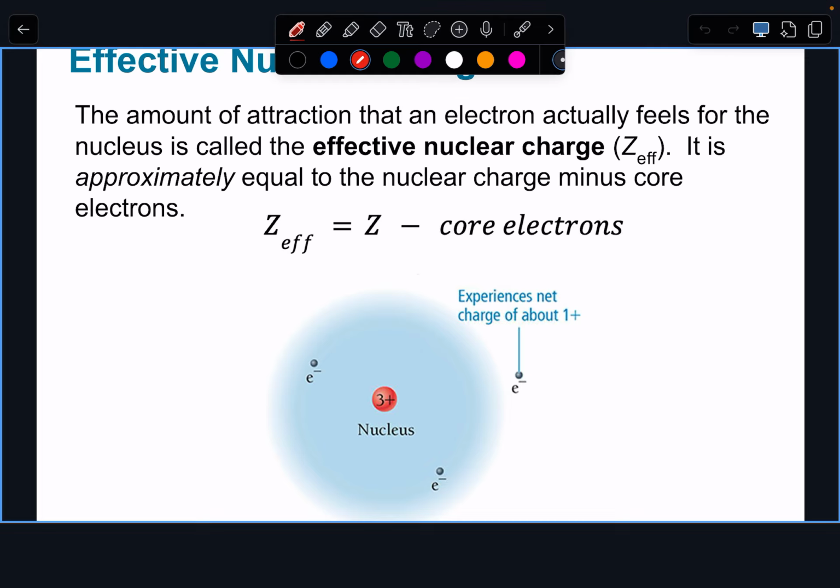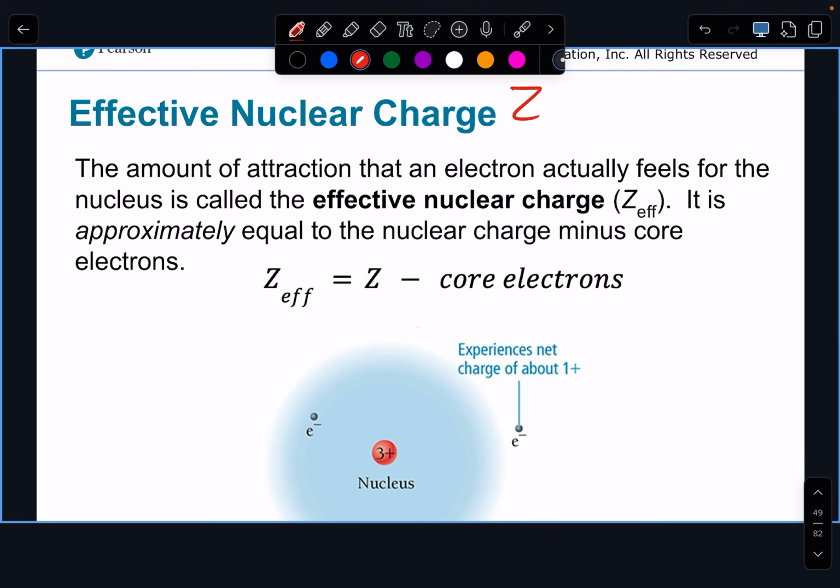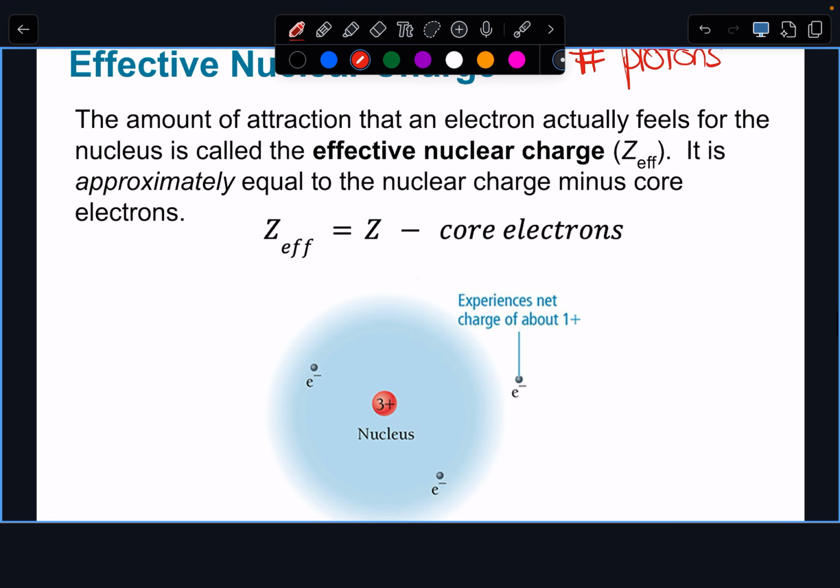What we do is we take the positive charge, so that's Z. Z is always the abbreviation we've used for atomic number or the number of protons. So we take that positive number and we subtract off any core electrons. So for sodium here, which has 11 protons, we subtract off these 10, 2 and then 8, okay?